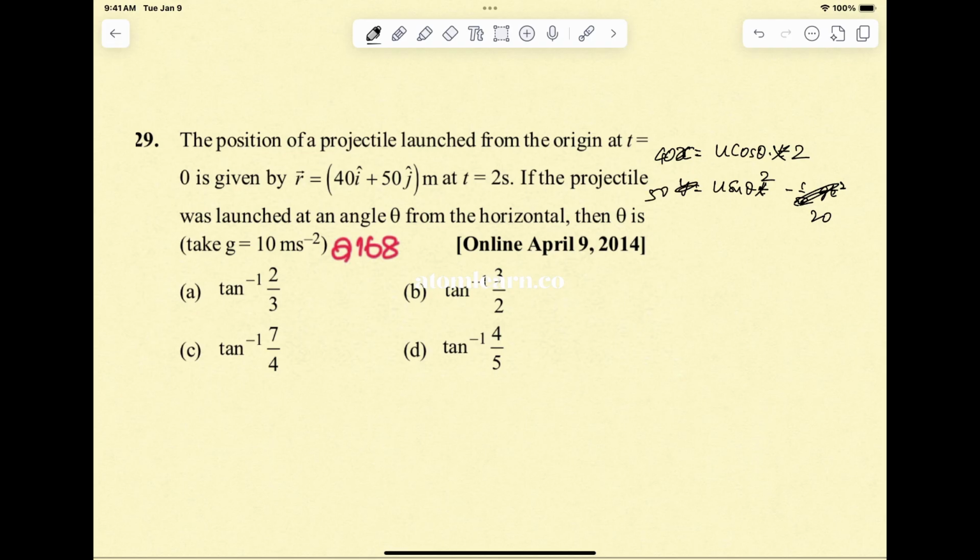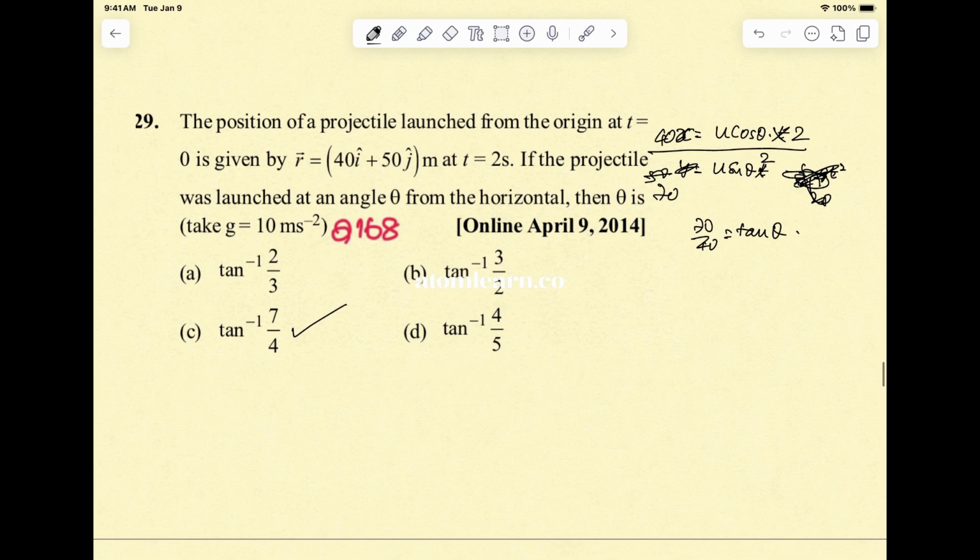Therefore this becomes 70 on this side. If you cancel this to the other side and then divide, 70 by 40 gives you tan theta. Check that. 70 by 40, 7 by 4.